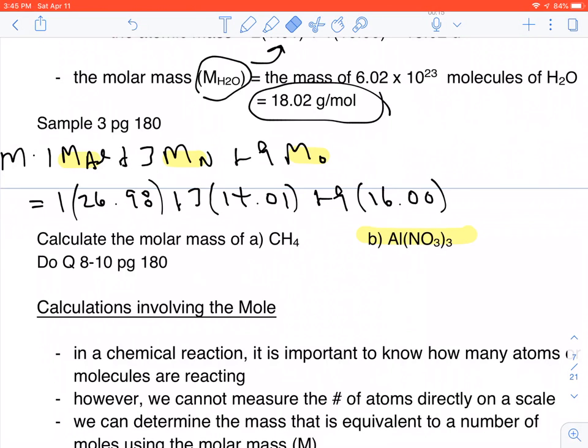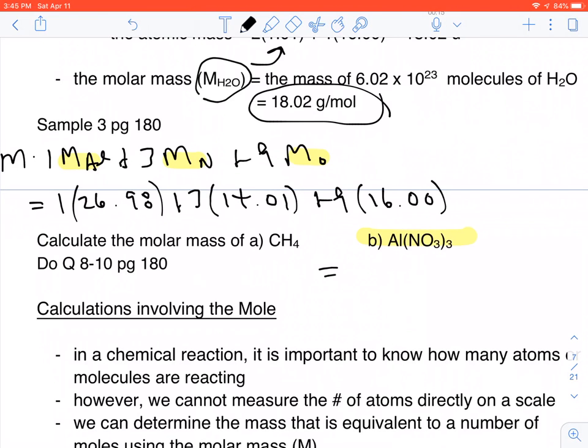So if I add all those numbers up, I get, I don't know what I get. Let's do it quickly. 9 times 16 plus, open my brackets, 3 times 14.01, close the brackets, plus 26.98.